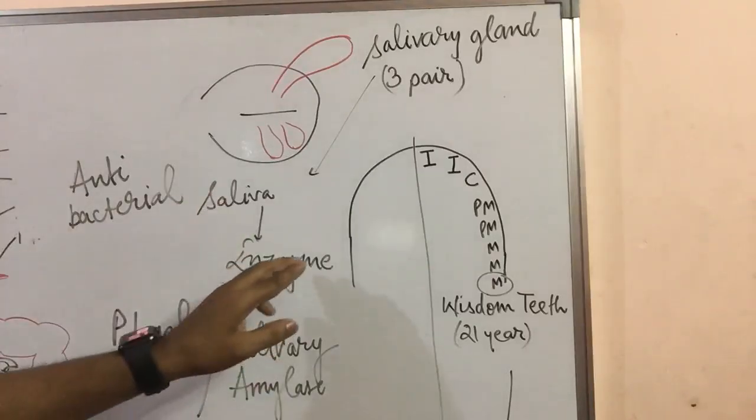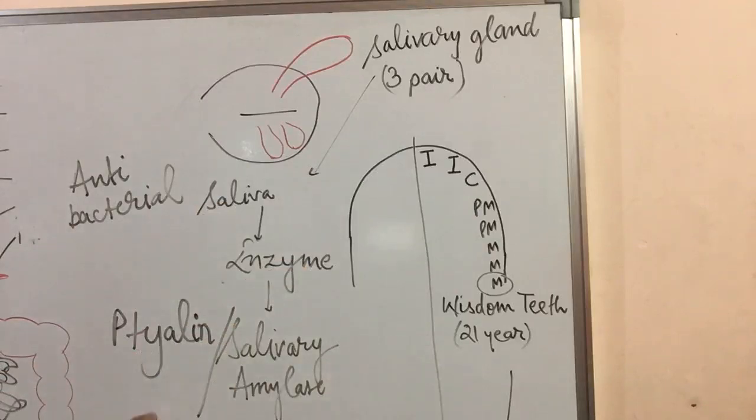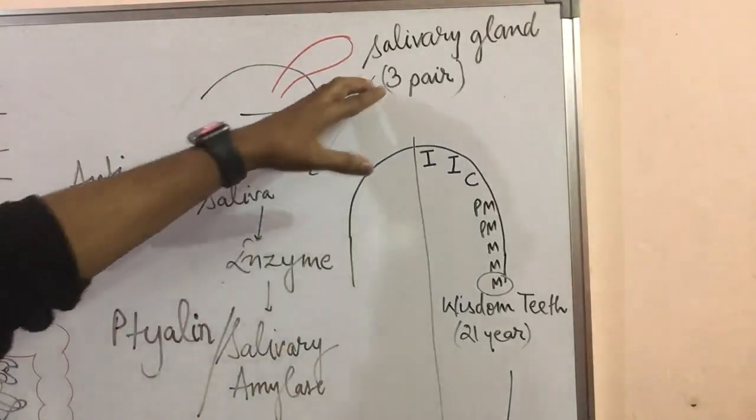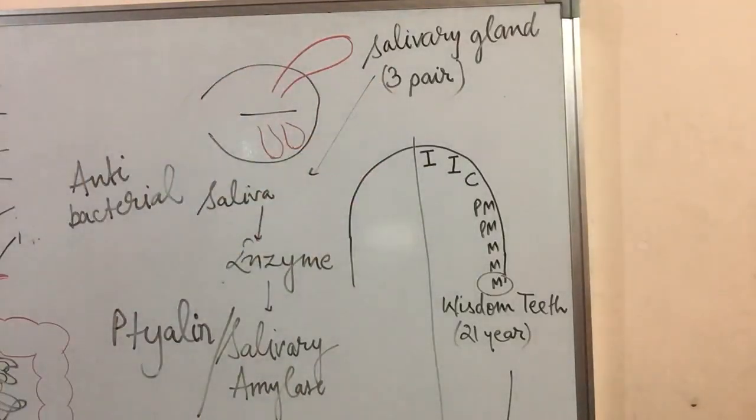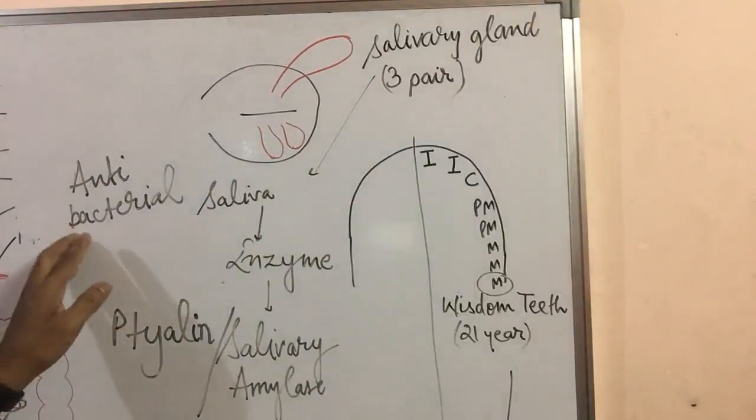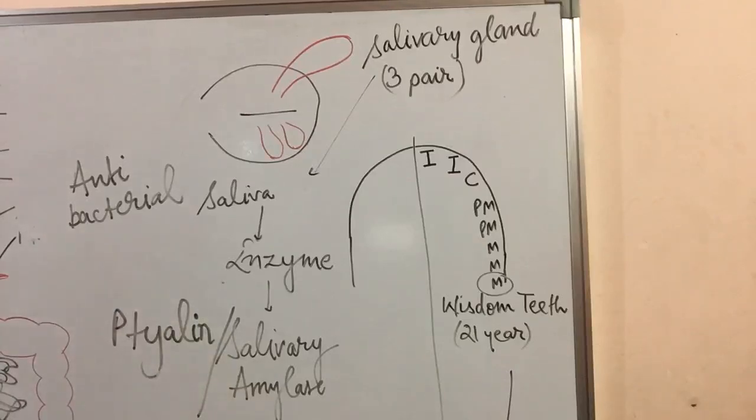It has an enzyme. The name of the enzyme is ptyalin or salivary amylase. What is the name of the enzyme? Salivary amylase or ptyalin. So that was about the salivary glands. There are three pairs of salivary glands inside the human buccal cavity, or human mouth.